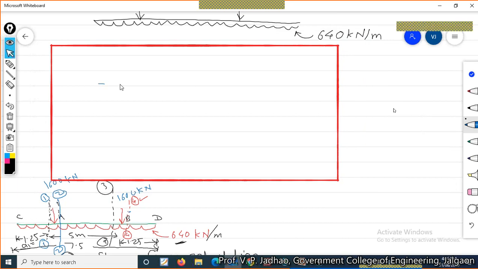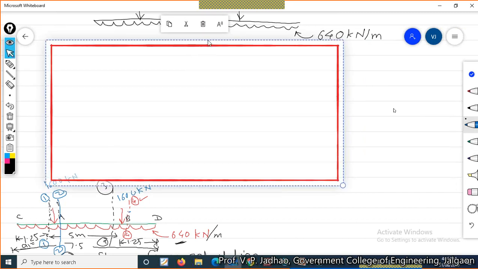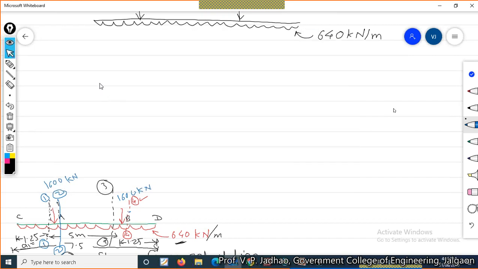We have to draw the shear force diagram. So draw one reference line. The shear force at this point is 0. On just the left hand side, this will be positive 800.